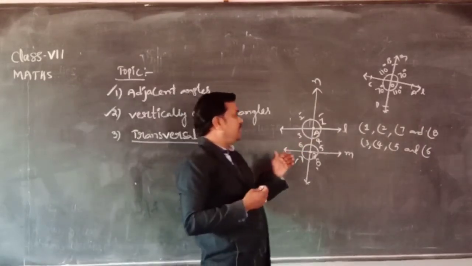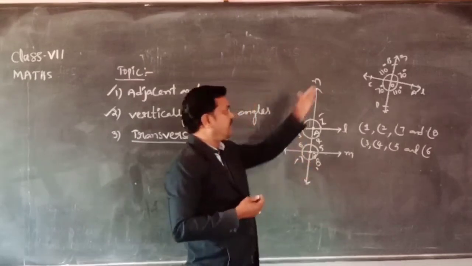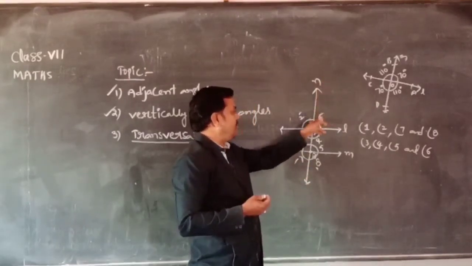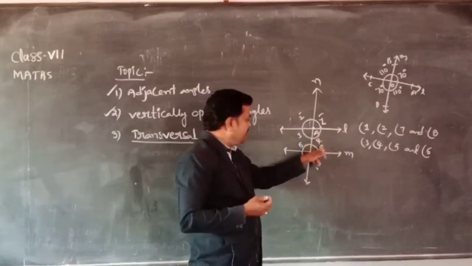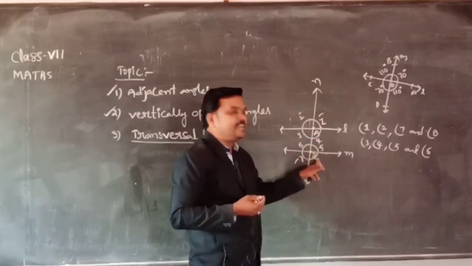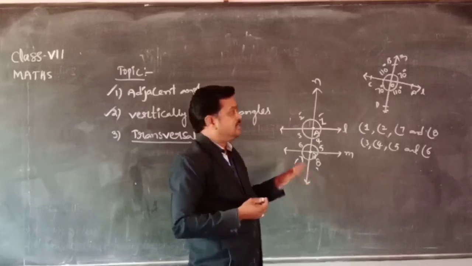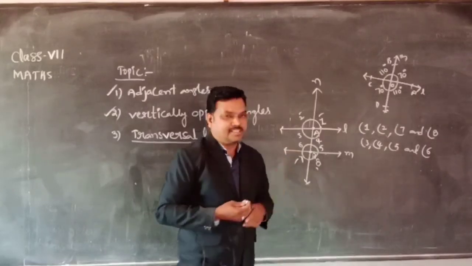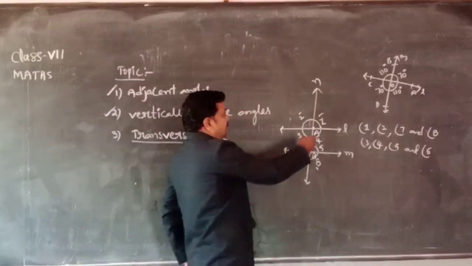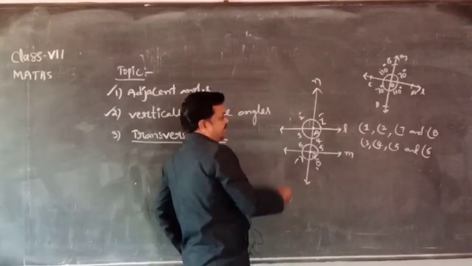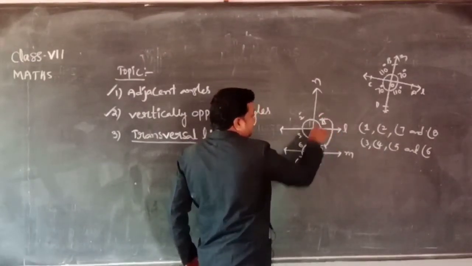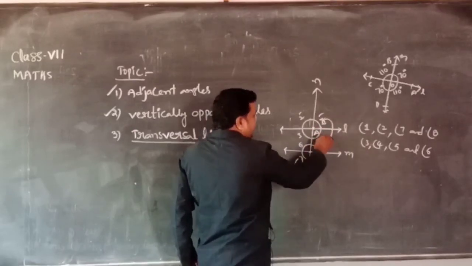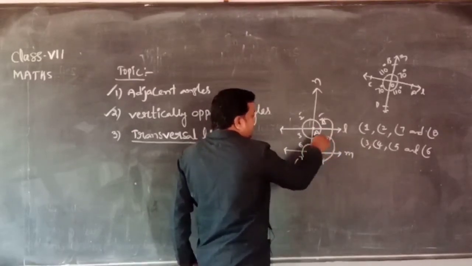And there are some more names for the angles. Already I told you: 1 and 3, 2 and 4 are vertically opposite angles, and 5 and 7, 6 and 8 are vertically opposite angles. Then corresponding angles: one is exterior and the other is interior, or one is interior and the other is exterior.